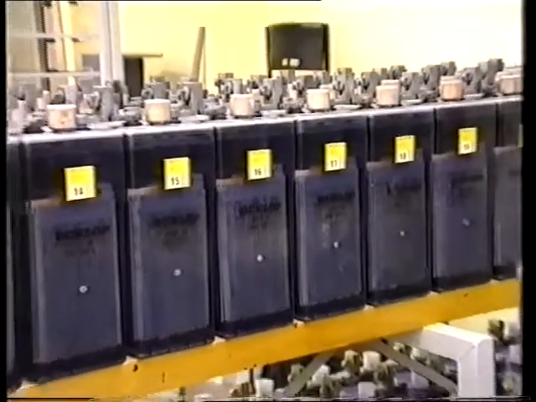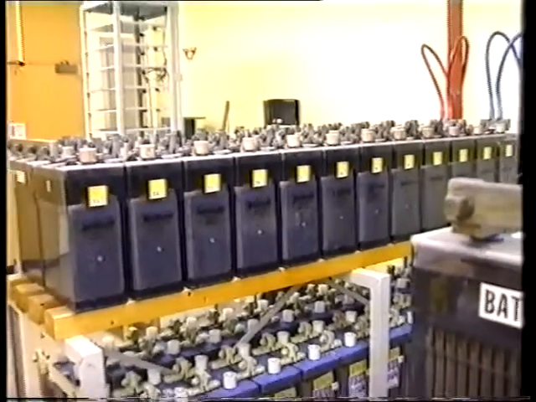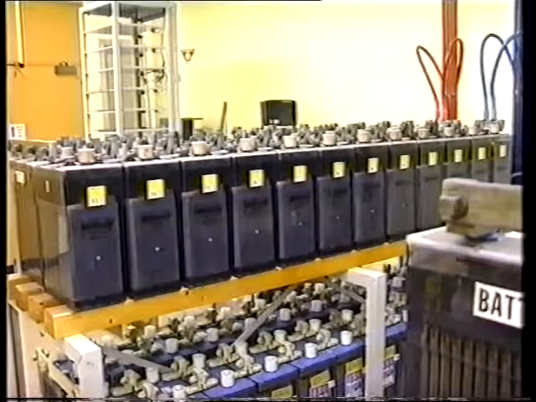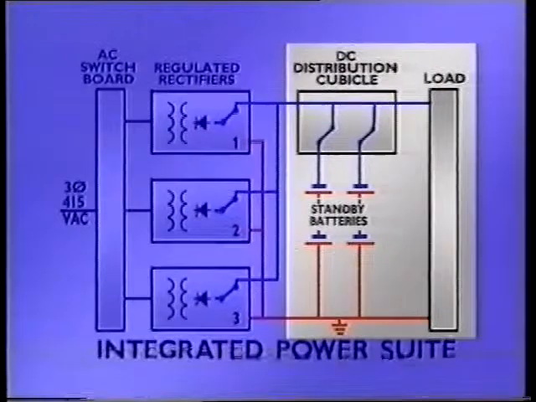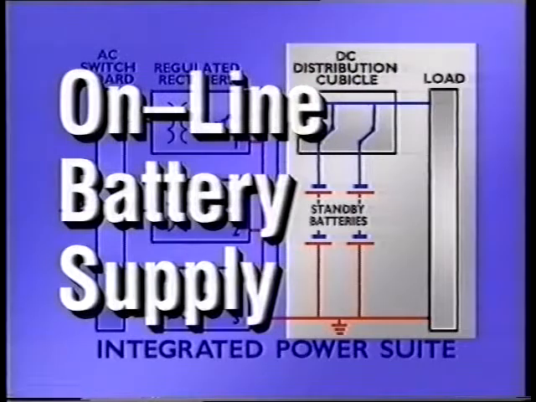The number of batteries provided depends on the battery reserve time designed for the site. The exchange can still function even if all rectifiers are shut down, as the entire standby battery is still connected to the load. This system is referred to as an online battery supply.